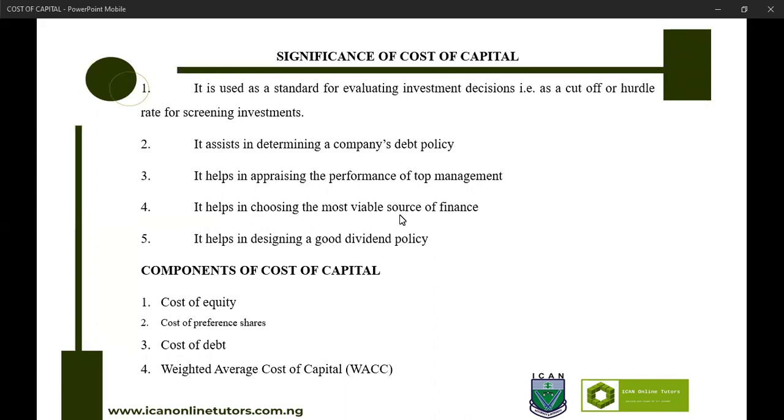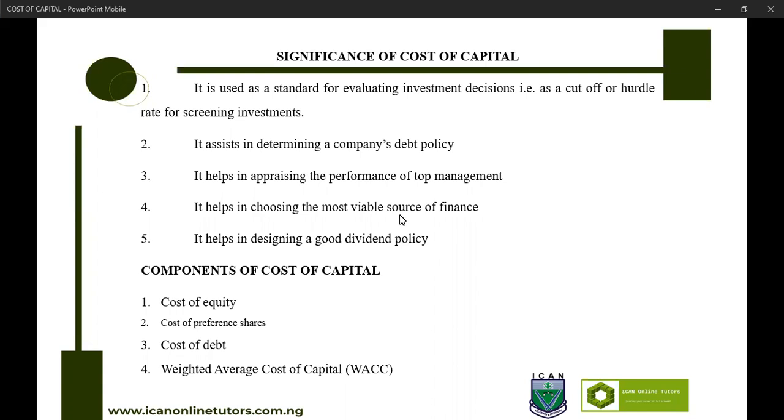If top management is underperforming, it is the cost of capital that will reveal the performance, based on the cutoff that the company has set as its policy of the minimum return it expects from an investment.